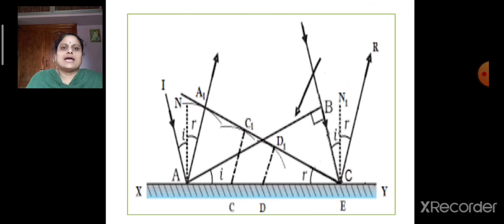So here I and R are marked and angle BAC will be equivalent to I, since the angle between IA and N will be equivalent to the angle between BAC, that is, the angle between rays is equivalent to the angle between their perpendiculars. Similarly, angle NAA1 will be equivalent to angle D1CA, following the same principle.